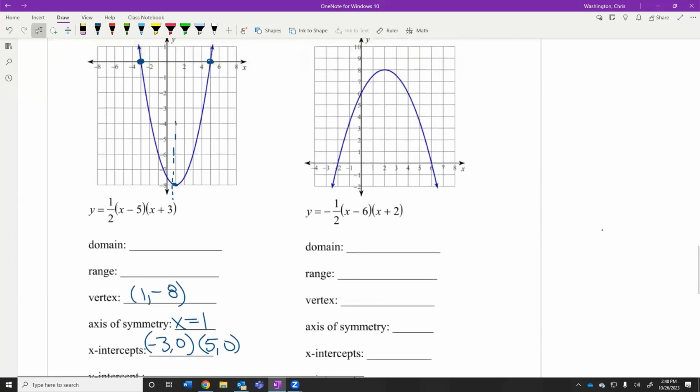The y-intercept is where we cross the y-axis. Right here it crosses the y-axis, and if we're not 100% sure what that decimal is, we can't assume. So it looks like -7.5, but do we know for sure? How can I differentiate between -7.5 and -7.4 on my graph? We can't, right? So here's what we can do.